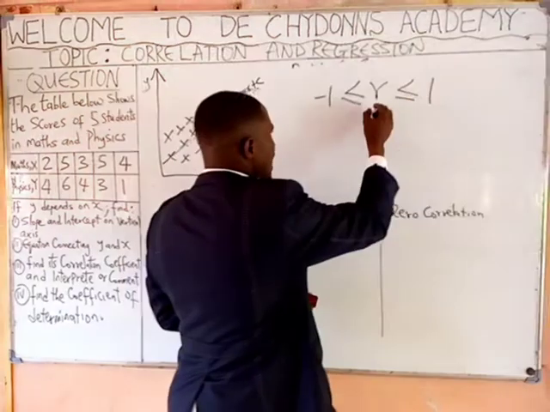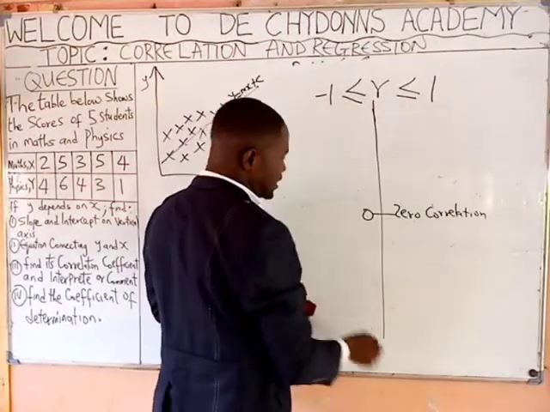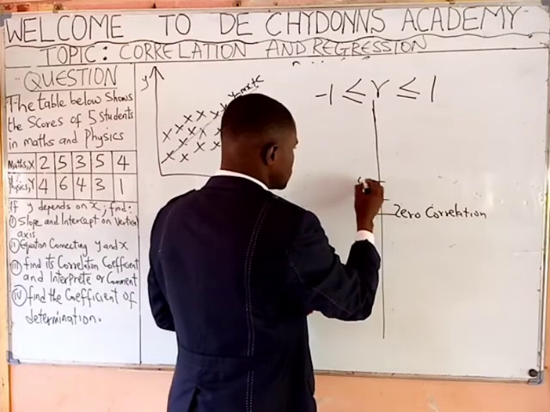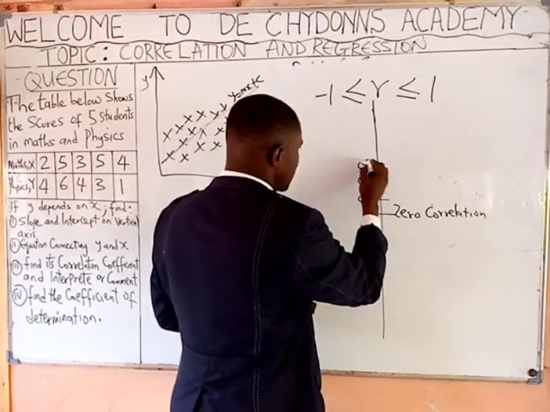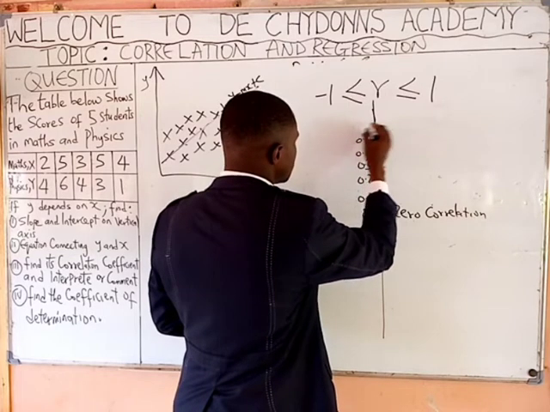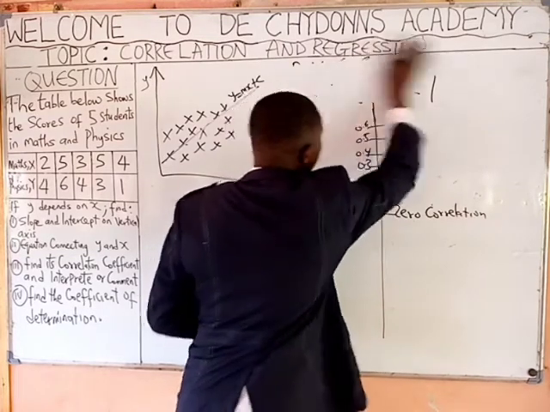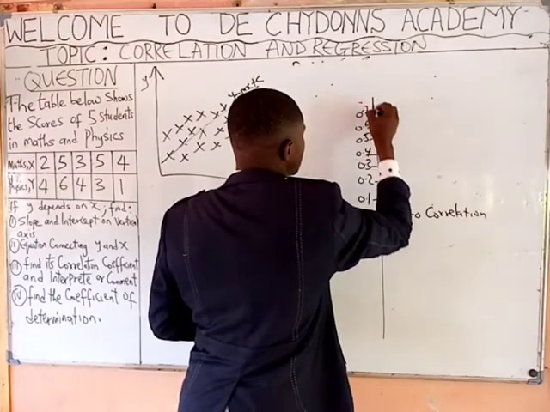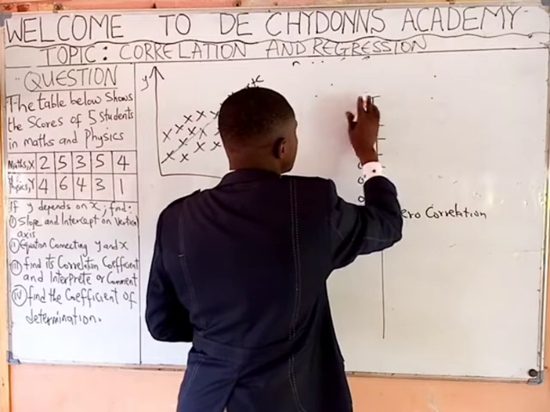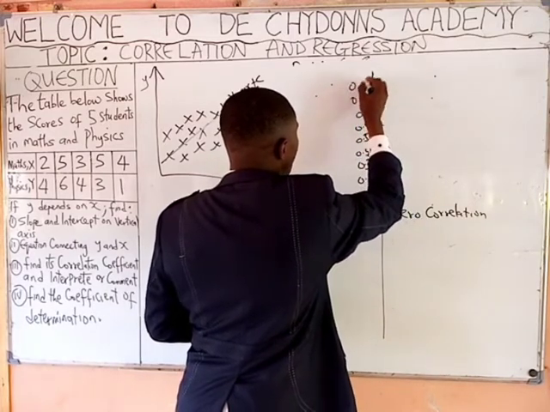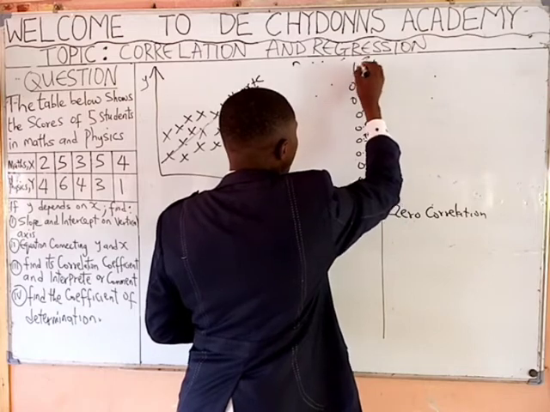Now, from here, this is the positive axis and this is the negative axis. Here is 0.1, 0.2, 0.3, 0.4, 0.5, 0.6, 0.7, 0.8, 0.9, 1.0.